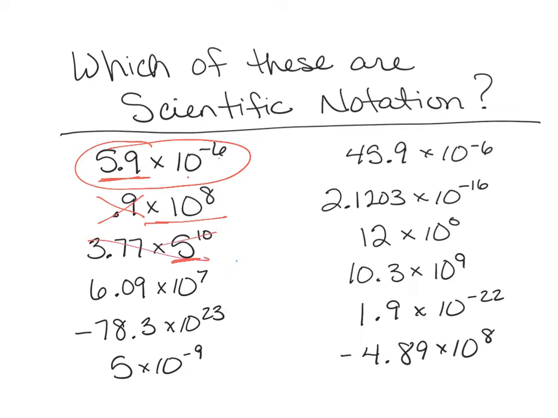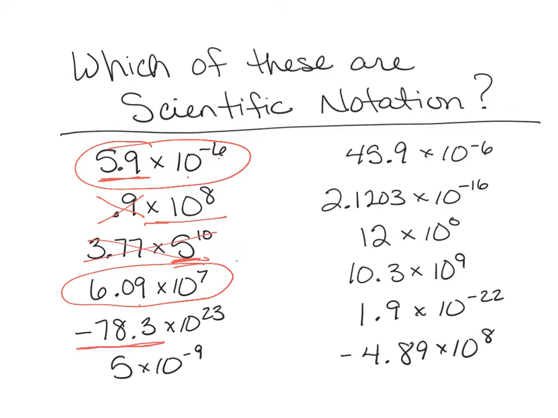This is not scientific notation because it has to be multiplied by a power of 10. 6 and 9/100 times 10 to the power of 7. First number is between 1 and 10, multiplied by a power of 10. This is scientific notation. This number is not.